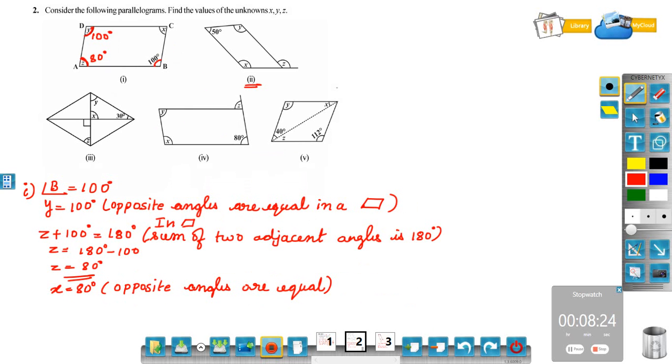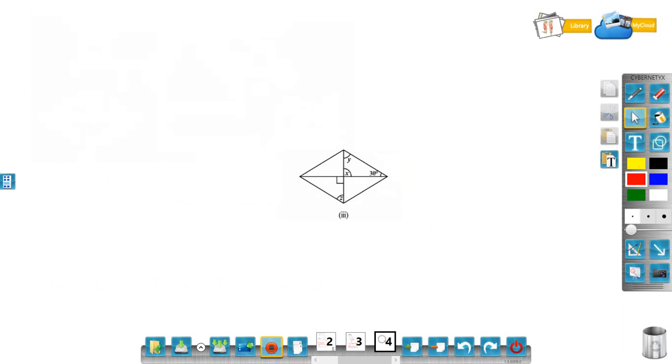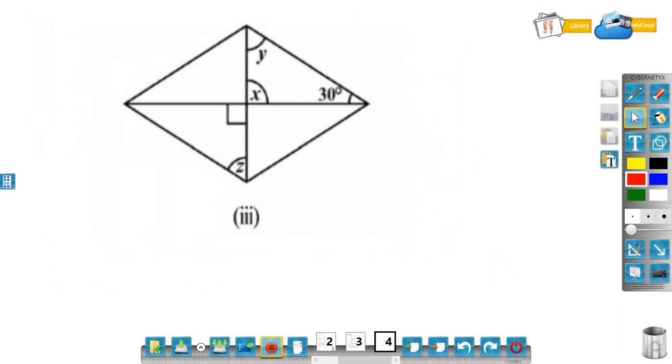Now look at the third one. In third question, one angle is given, that is 30 degree. Look at angle x, which is the vertically opposite angle of the 90 degree angle given here.